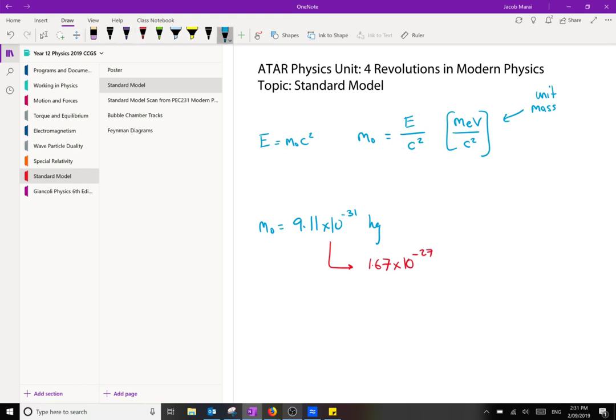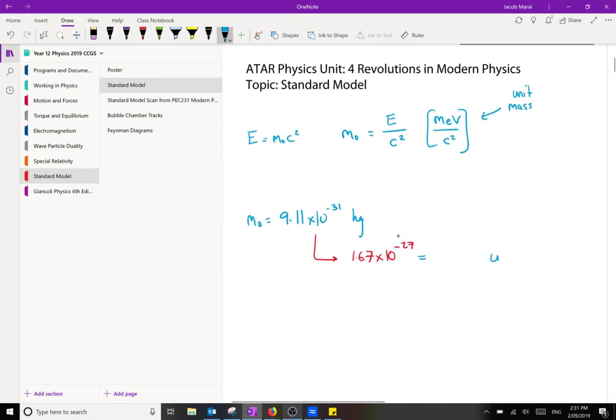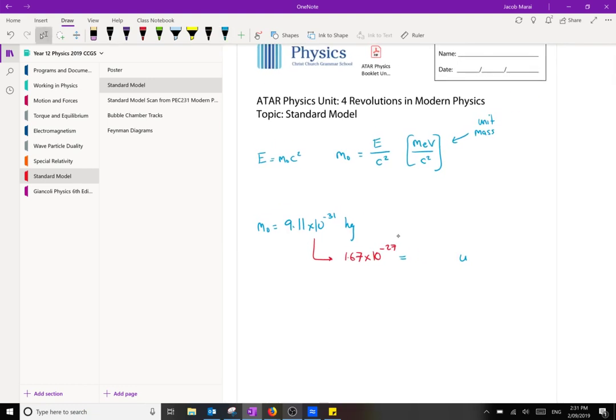That would get us into atomic mass units, which I can't remember what number it is. A proton and a nucleon is around about 1 atomic mass unit. Remember, an electron is about 1,200 times smaller than that.